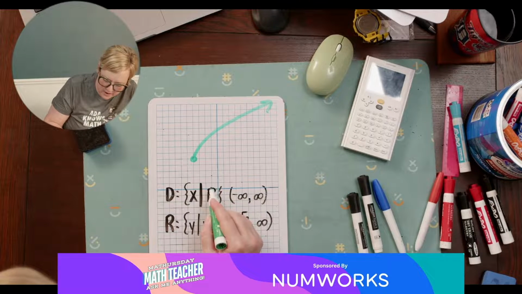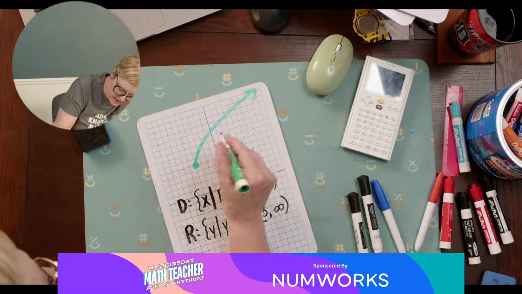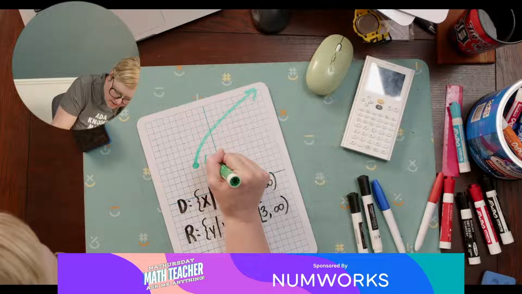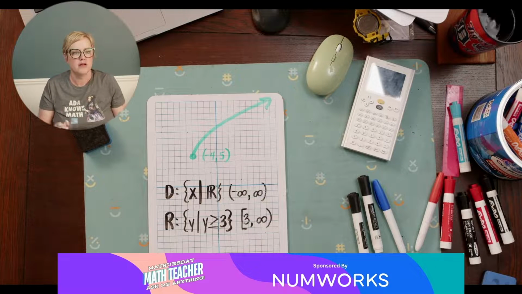Let's say that this point is 1, 2, 3, 4, 1, 2, 3, 4, 5. So this point is -4, +5.